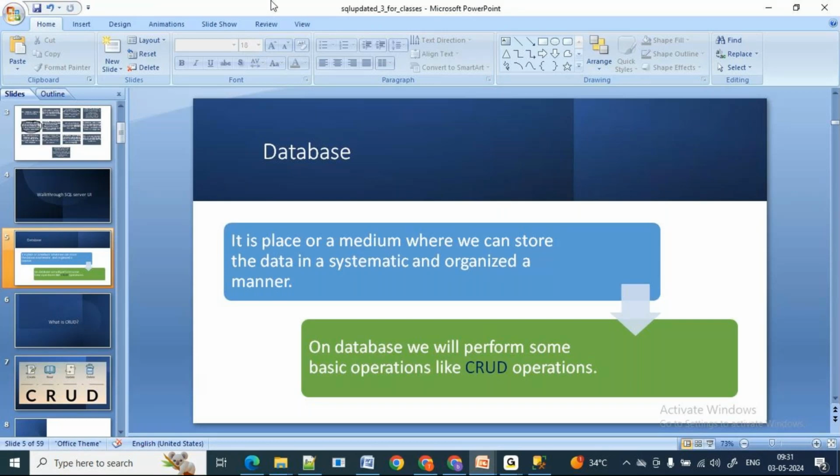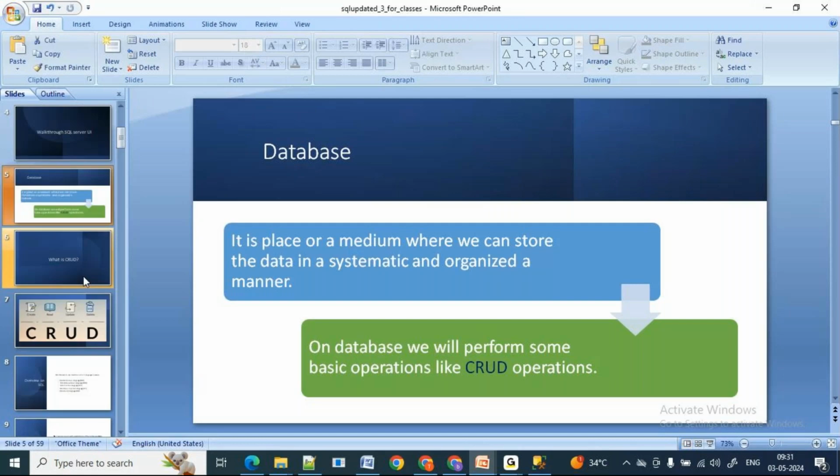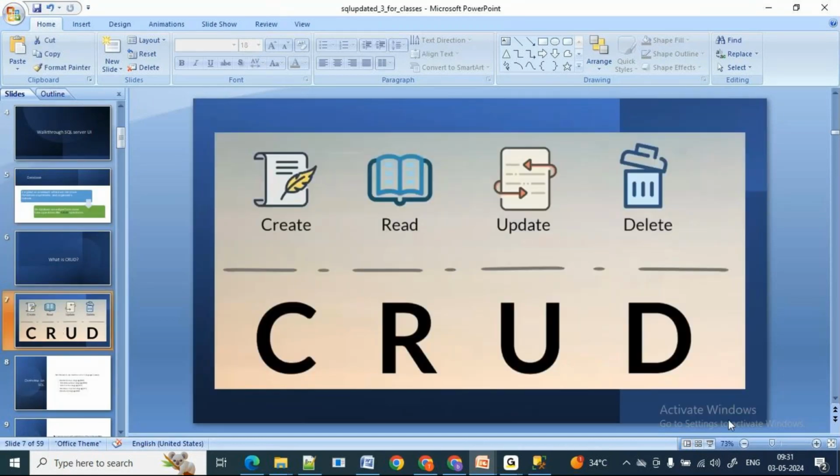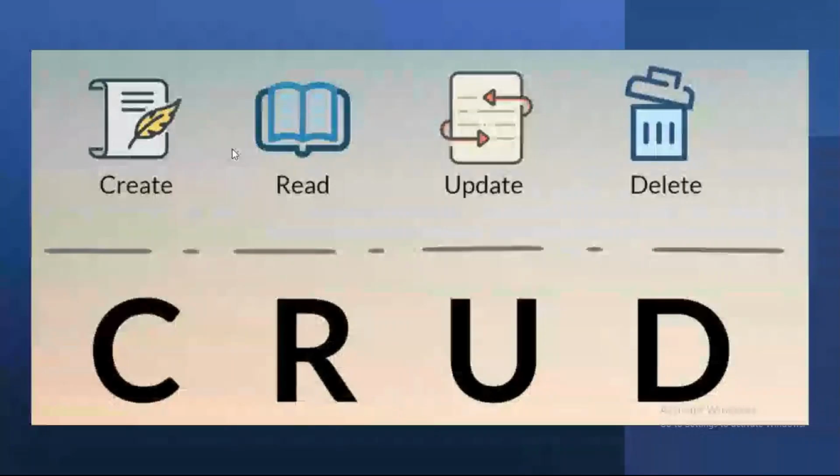CRUD operations are very simple. The moment I show you the picture, you will be like, oh, this is the one. C for create, R for read, U for update, D for delete. This is related to database, guys, remember. You can create anything inside the database.